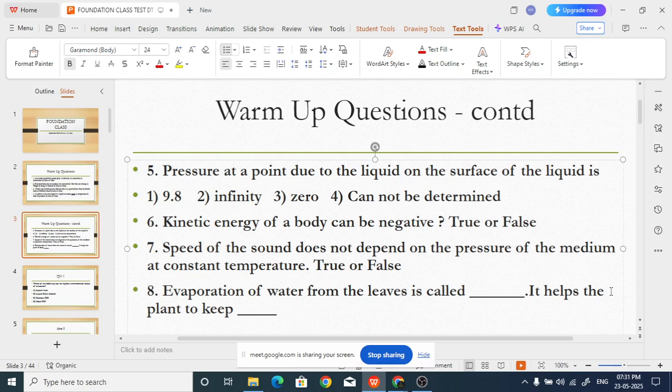Okay. Evaporation of water from the leaves is called transpiration. Very good. It helps the plant to keep what?